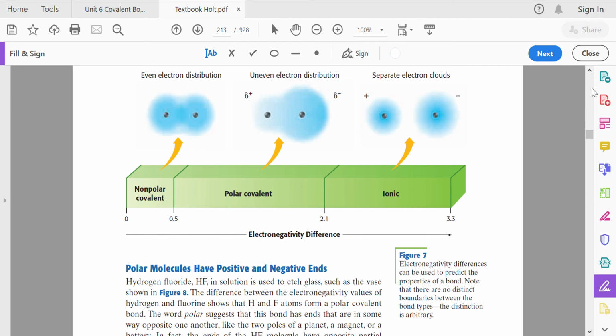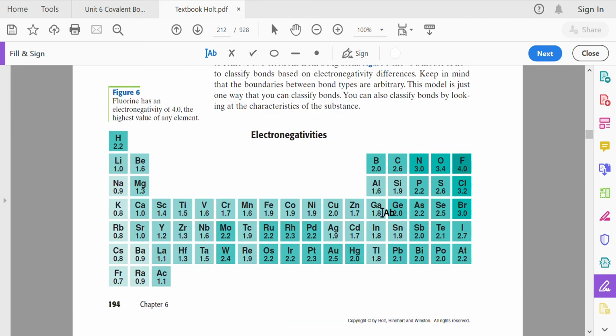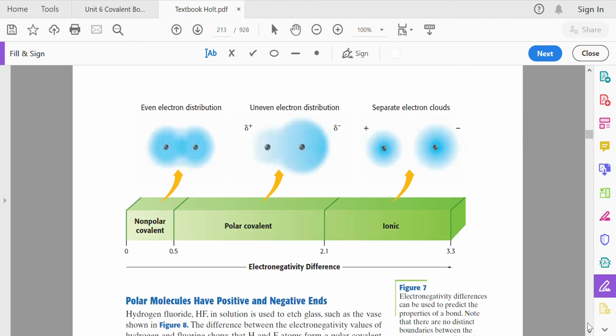And again, just let me reiterate that we take these numbers and we subtract them. So if you take fluorine and bond it to lithium, that's lithium fluoride. 4 minus 1 is 3, and it's greater than 2, so you can see it's an ionic bond.